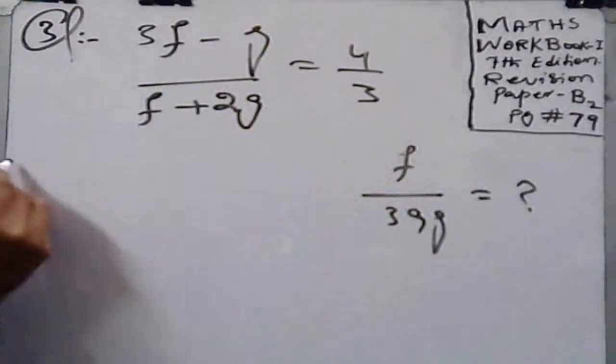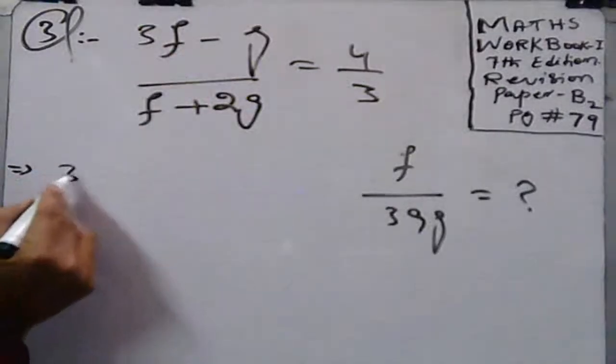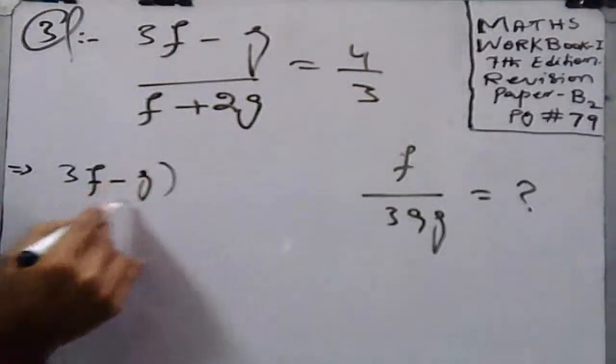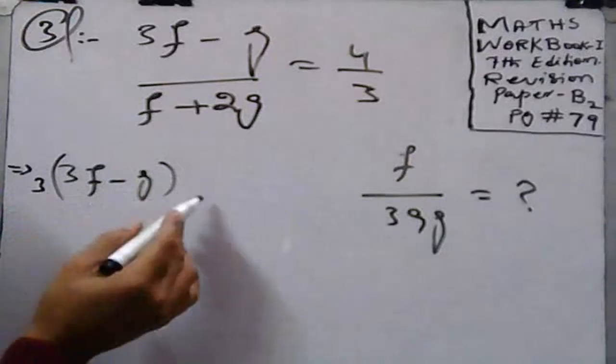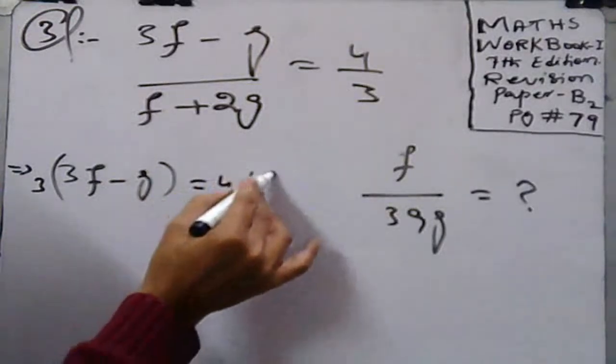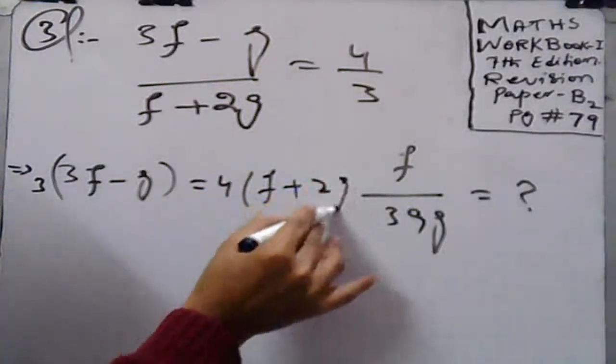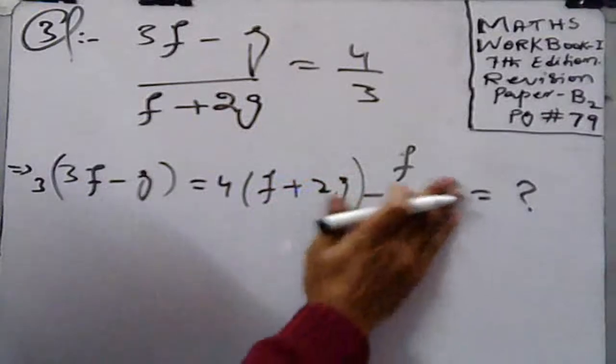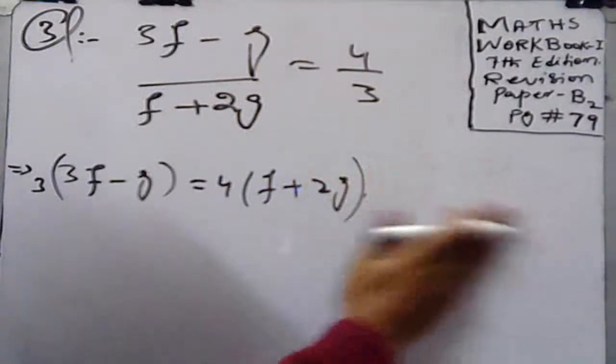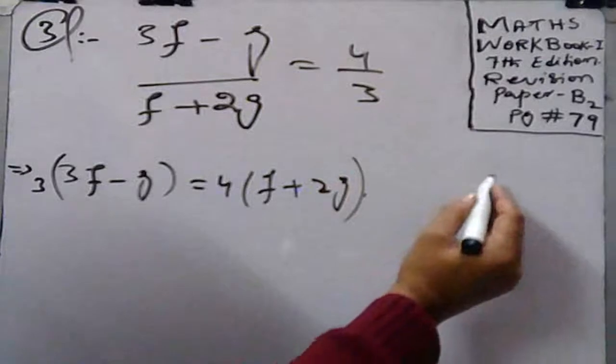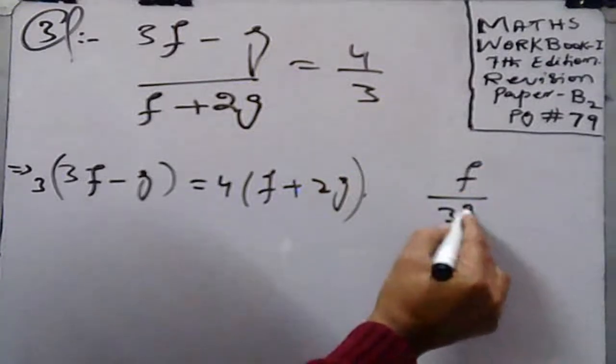Therefore, by using cross multiplication, (3f minus g) multiplied by 3 is equal to 4 into (f plus 2g). So this is the required value, we need f by 39g.